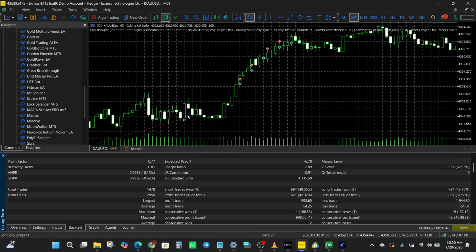In this case, we had about 13 candles in between this trade and this trade. So 13 candles is giving us about 65 minutes, so that means about an hour, 5 minutes gap between this and this trade.